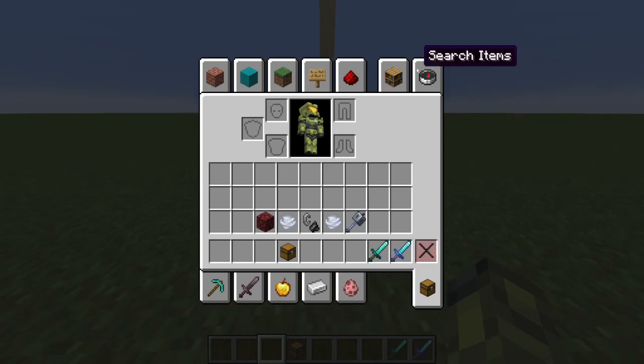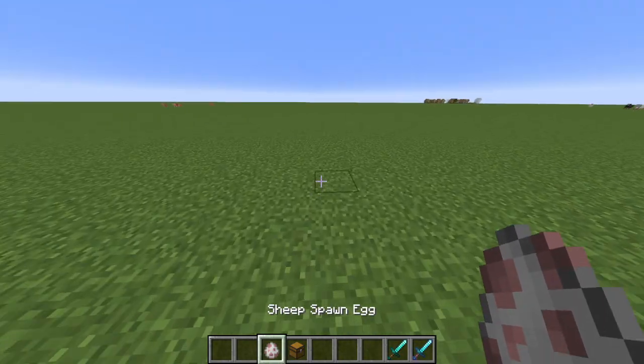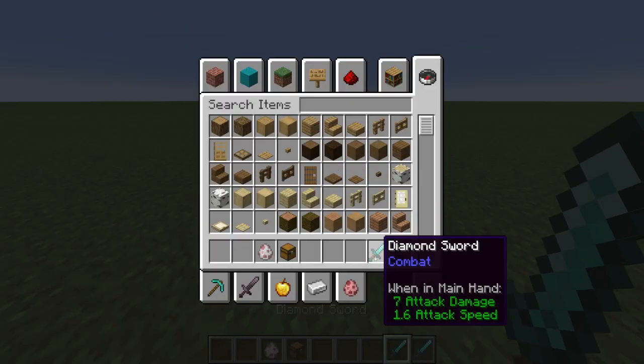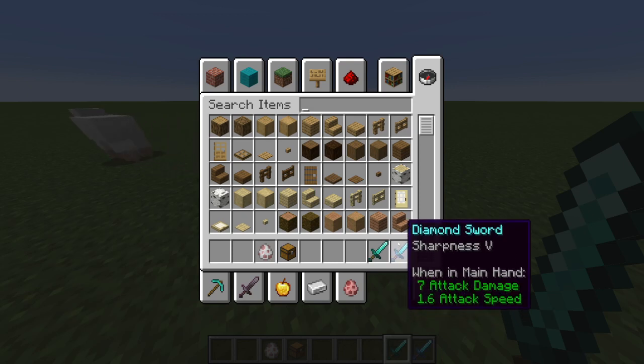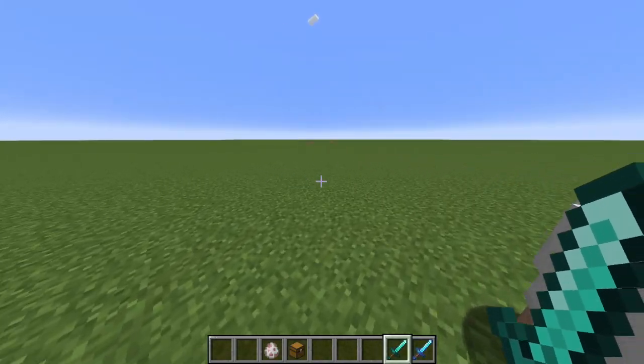All right, next we're going to have pressure. With pressure, you can't really explain that much, but I thought of this. Here we have a sheep, and I have two diamond swords. One is a regular diamond sword, and the other is a diamond sword with Sharpness 5, which basically means that it has a lower surface area. If we take a look at the equation, pressure is equal to force over area.